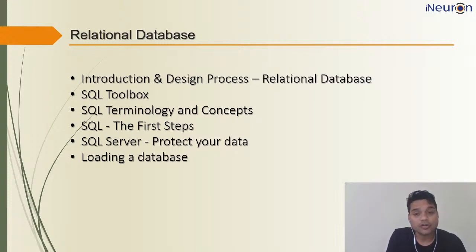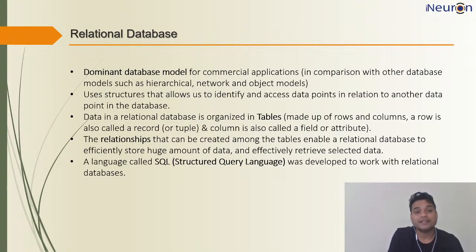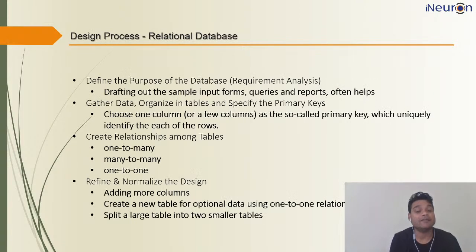And also I have talked about the relational database, what the relational database actually does, and the important things that we need to keep in mind for designing a relational database: requirement analysis, how we can design a table, how we can create relationships among the tables, and how we can refine and normalize the design of the database.